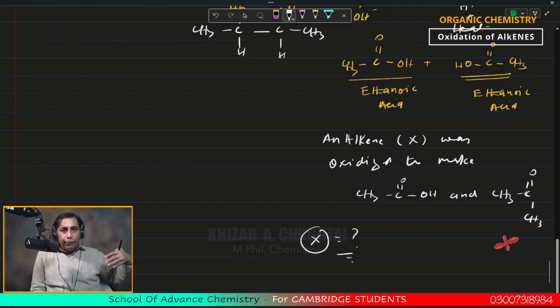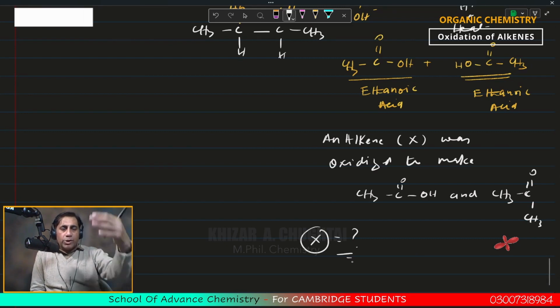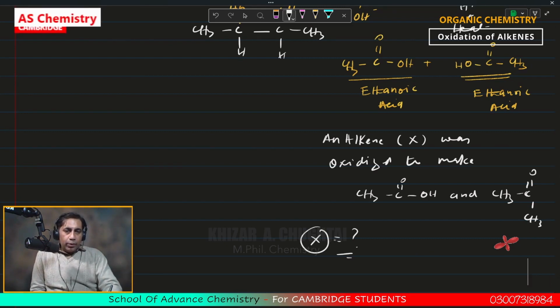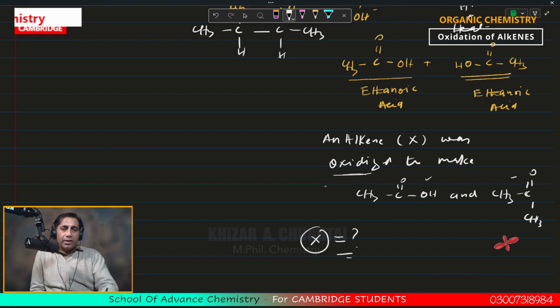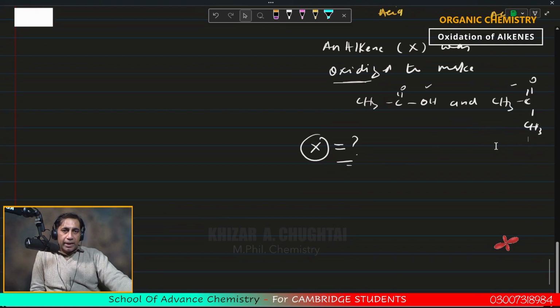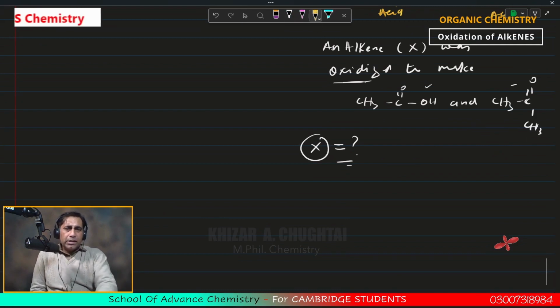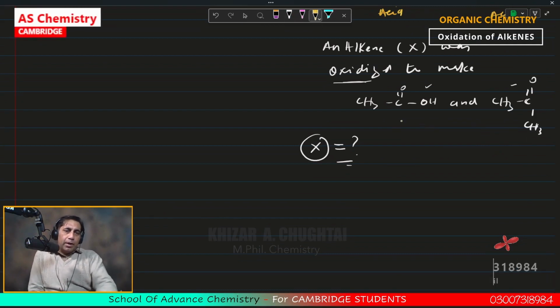This time we will have to move in a reverse way. An alkene was oxidized by the help of hot KMnO4, and these two compounds were formed. So he is asking, can you find the formula of that alkene? It's quite simple.